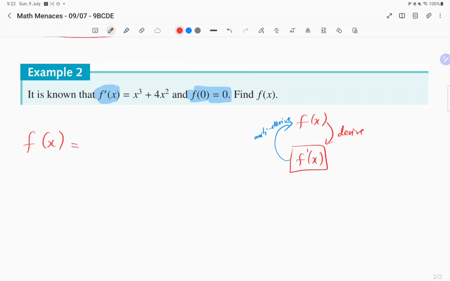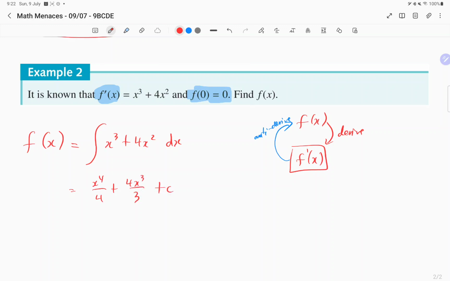The notation is very important. f of x is equal to the antiderivative of this thing with respect to x. So that would be x to the power 4 over 4 plus, let's say I'll write it as 4x power 3 over 3, and then plus c.